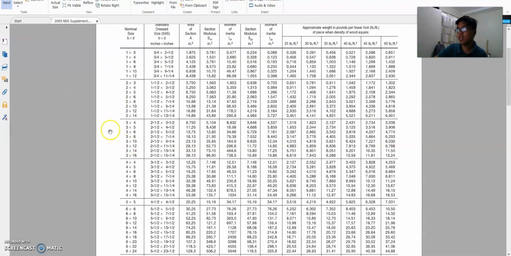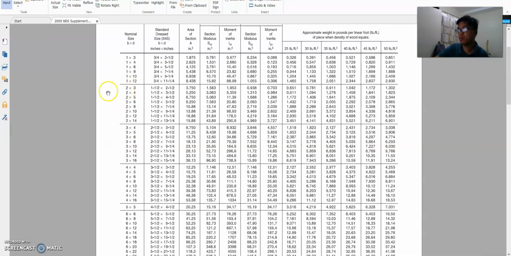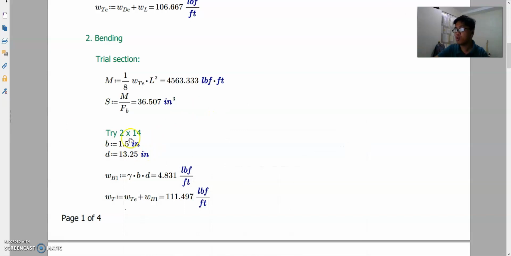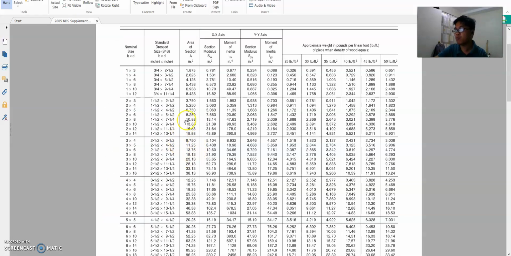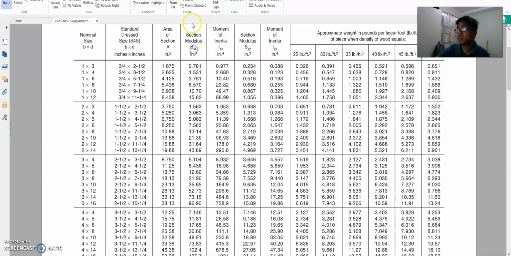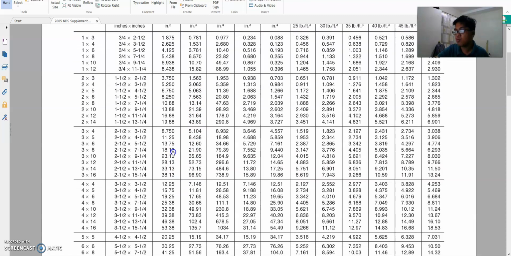Remember that the dimension lumber ranges from 2 to 4 inches thick. So we will deal with this section here. And then we need a section modulus of 36.5 cubic inches. Section modulus SXX, of course, because it is the strong axis bending, which is a very good assumption. And then for 2 inch, we can use 2 by 14.